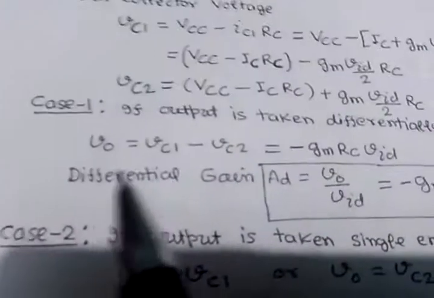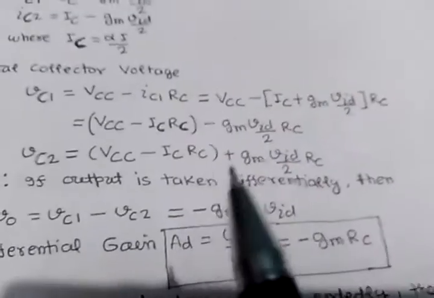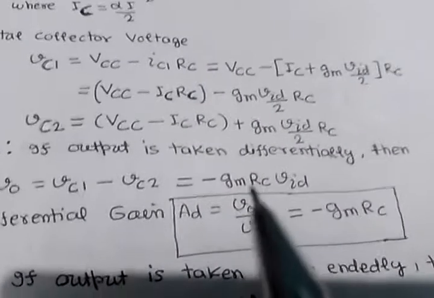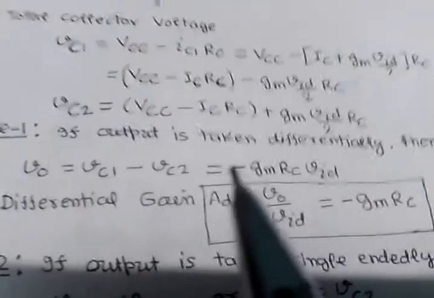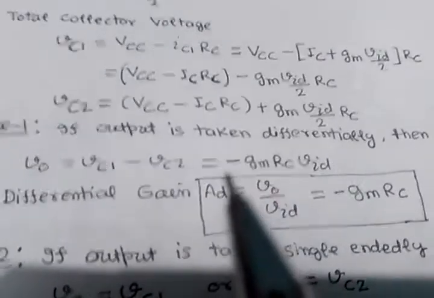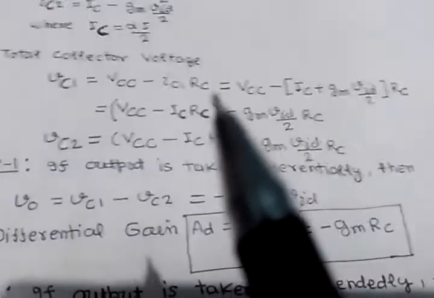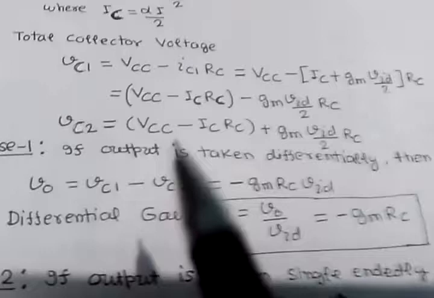In this case, output will be VC1 minus VC2 equals minus GmRC VID. Since we are finding differential gain due to the signal only, we will not consider the first term of the total collector voltage.